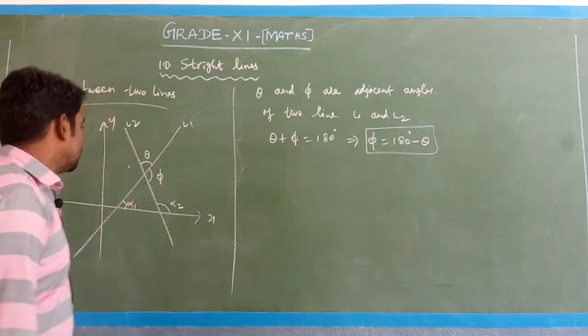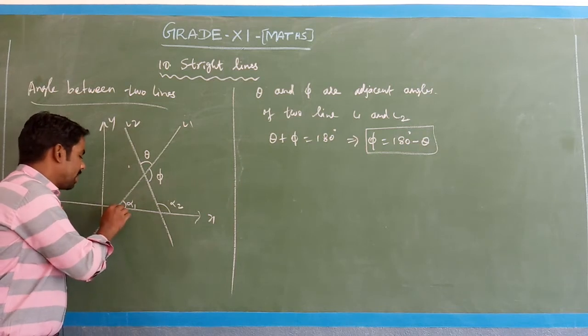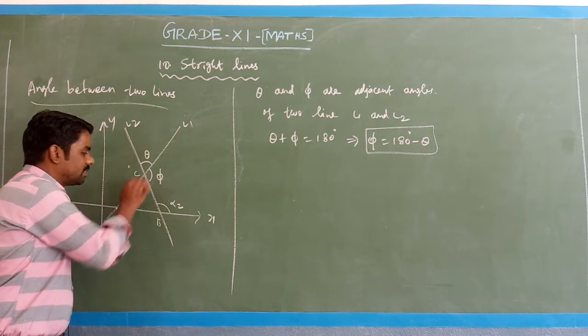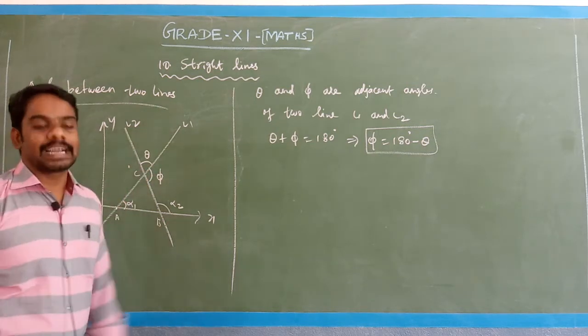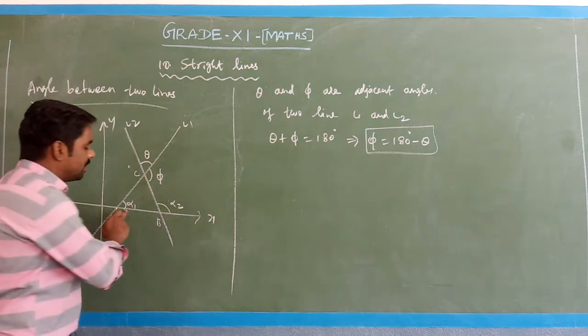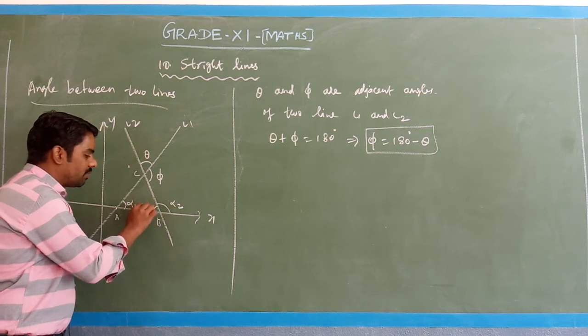Next, consider this triangle. The two lines intersect. This point is considered A, this point is B, and this point is C. So ABC forms a triangle. The angle A is alpha 1 and the angle B is 180 minus alpha 2.